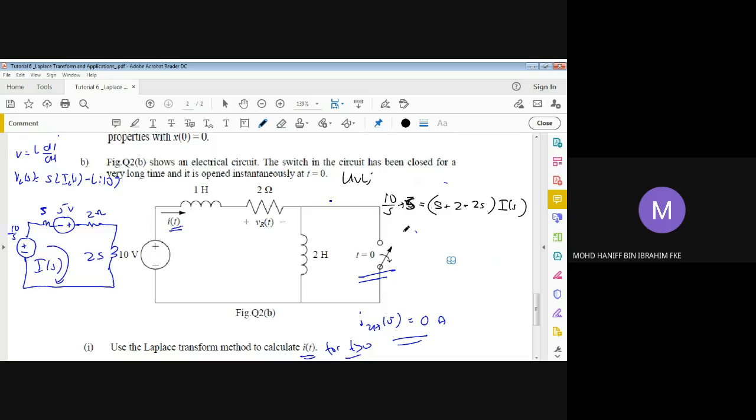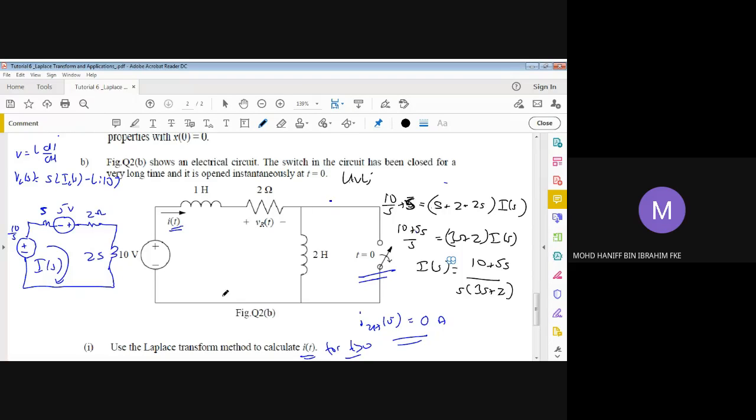So you're going to get that (10 plus 5S) over S equals (3S plus 2) times IS. So IS shall be equal to (10 plus 5S) divided by S(3S plus 2).